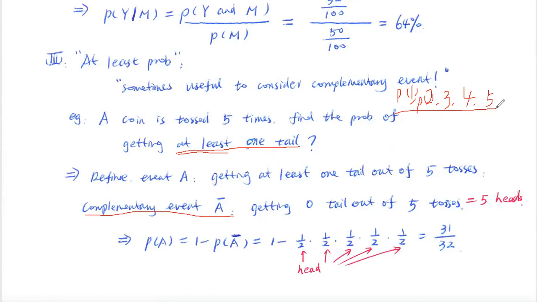So we cannot solve this directly by finding the probability of one tail, two tails, three tails, and so on. It's not that easy. Think about 5 coins, 5 positions. Say you have 2 tails.